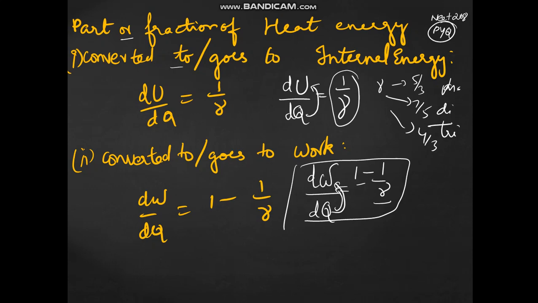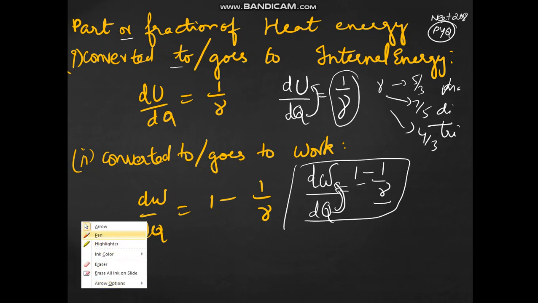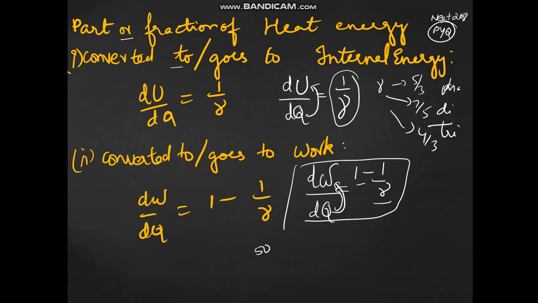Suppose they give work done as 50 joules in a monoatomic gas. The process is occurring with a monoatomic gas. They are asking what will be the change in heat. Then you use this formula.